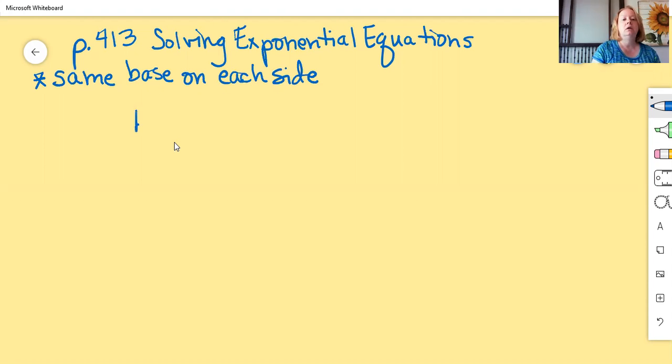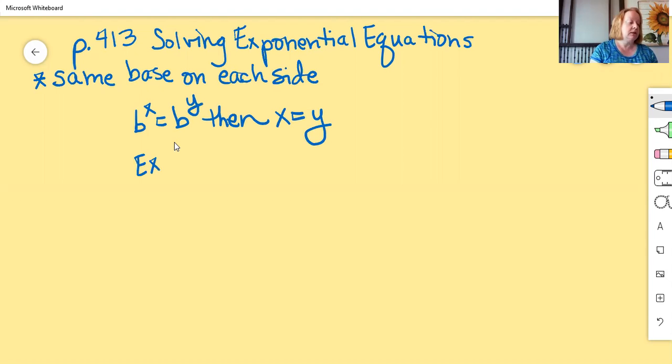b to the x equals b to the y, then x is going to equal y. So for example, let's say that I have 5 to the x equals 5 to the third.